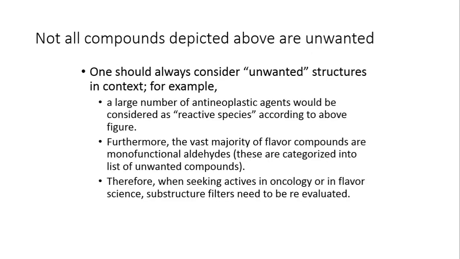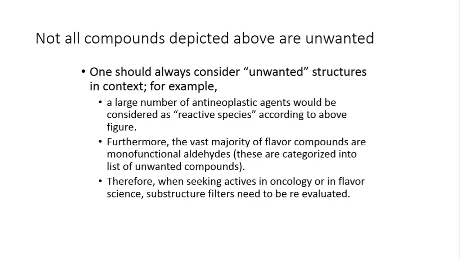Okay, so now, let us discuss that not all compounds that I have mentioned are always unwanted. One should always consider the term unwanted substructures in context. So I would like to cite an example.